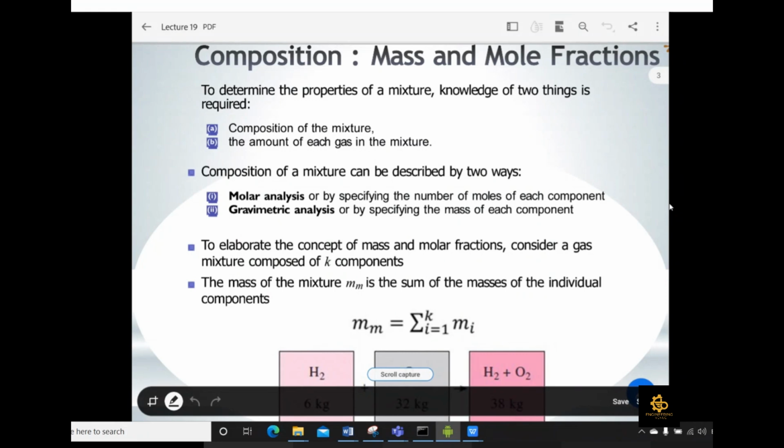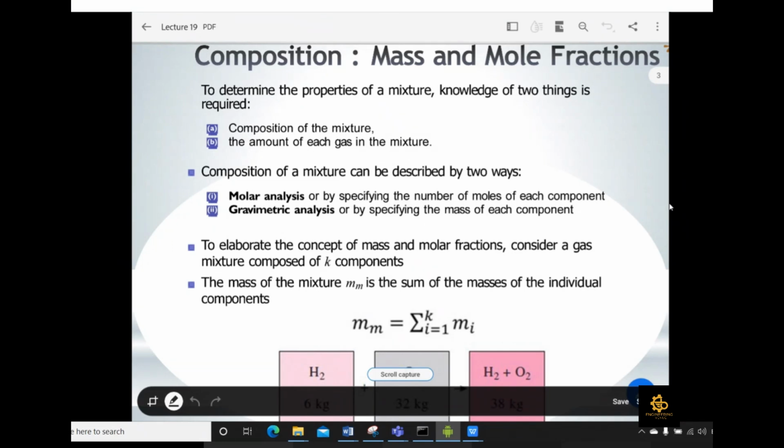Okay, so from the chemistry point of view, you already know that whenever we are talking about different substances in the chemical way, we define different things, which are mass and mole. Mass is the mass occupied by a substance, and mole is basically the unit by which we can represent how many molecules, how many atoms, and how many different types of things make one composition.